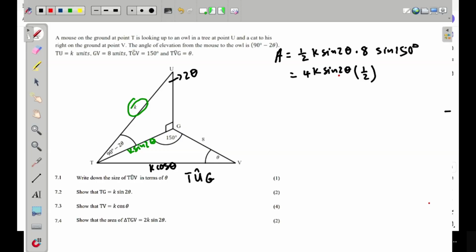You cannot multiply this angle by the half, guys. You can't. You got to leave that as it is. The half actually goes with the 4. So you got to multiply it by the 4. Okay, and an angle and a constant are two different things. So 4 times a half is a 2. So there we go. We have our area as 2K sine 2 theta.